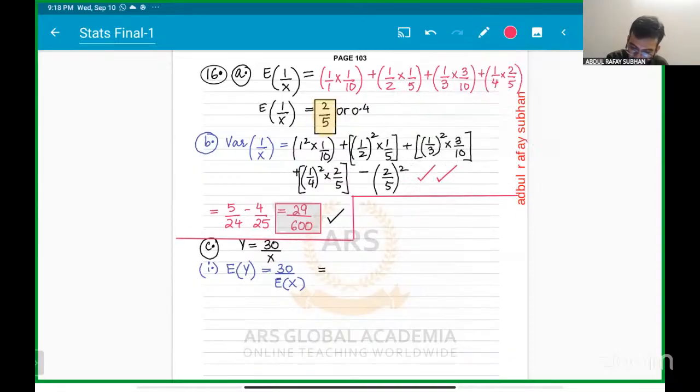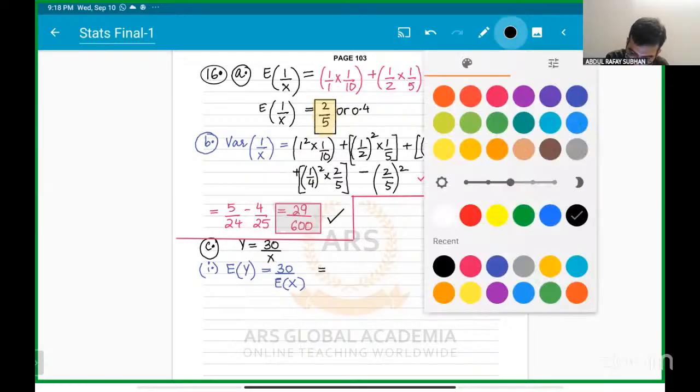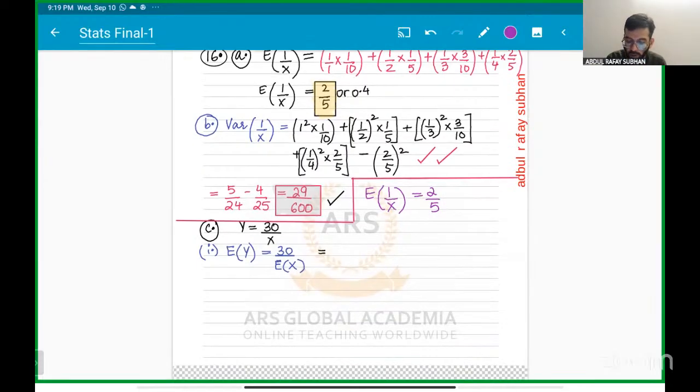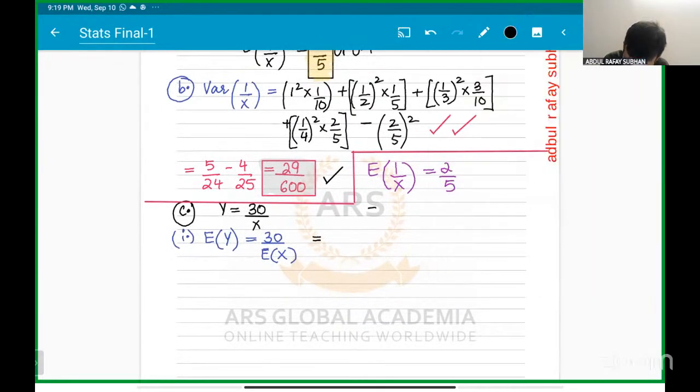Okay, sir, you have mean of 1 over x, which is 2 over 5. ठीक है जी. So what I can do is basically tell the examiner it will be E of x. If I do the opposite of it, it will be just 5 over 2. Am I right? अगर x over 1 कर दूं, which is x only.